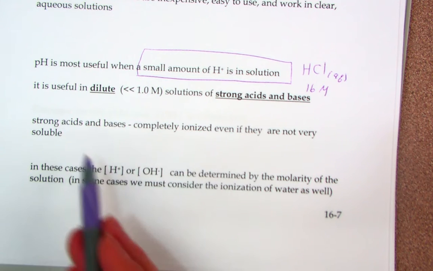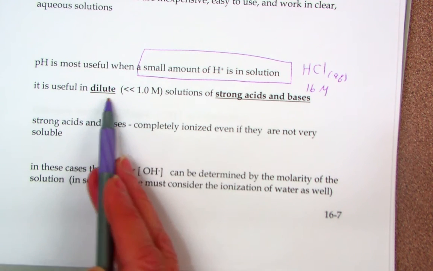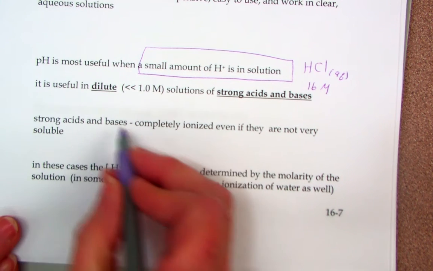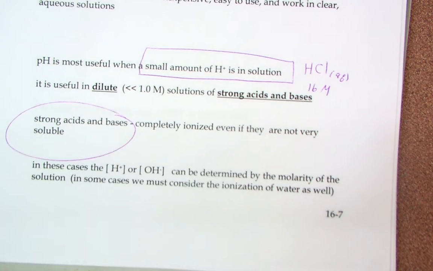So it's useful in dilute solutions of strong acids and bases, or it works really nicely with weak acids and weak bases where you have lower concentrations of the hydrogen ion or hydroxide ion in solution. Strong acids and bases, remember by definition, are completely ionized.